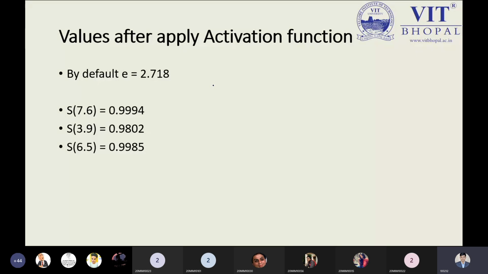Due to this, your answer changes a little in terms of the decimals. Two or three decimal values may be equal, but the fourth decimal value may change, depending on whether you pick e as 2.7, 2.71 or 2.718. That is the point you have to understand.